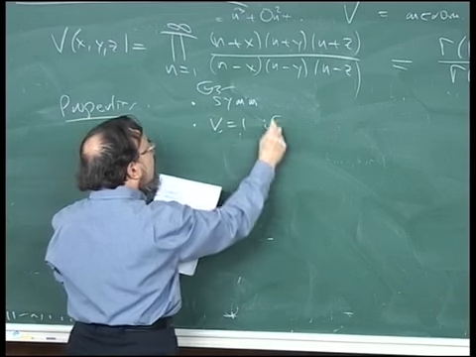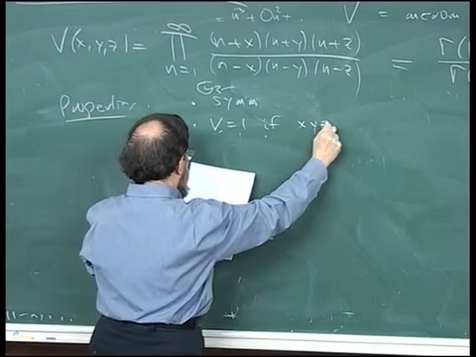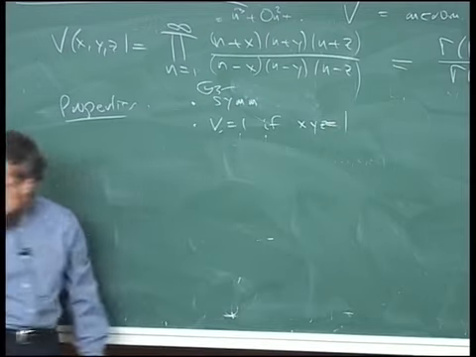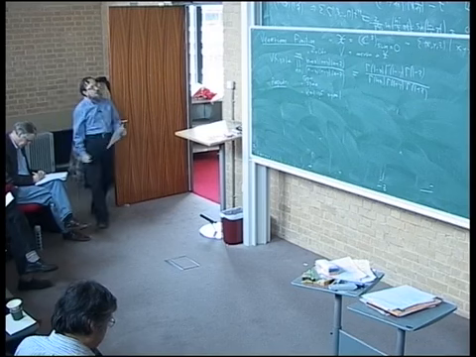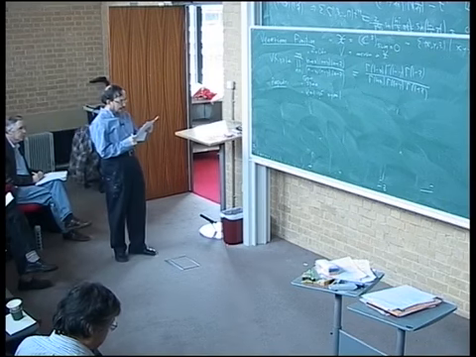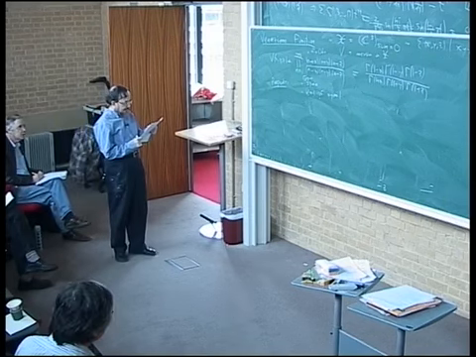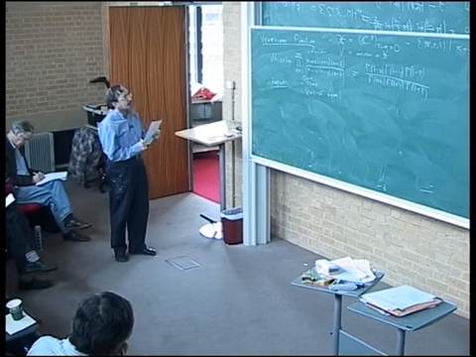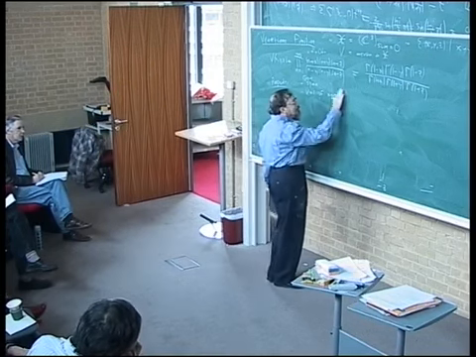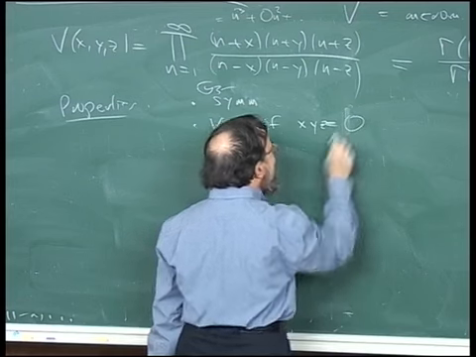V equals 1 if xyz equals 0. Let's check that. So I have three variables, their sum is 0. Let's assume that their product is 0. I don't believe what I just wrote, even though I copied it very carefully from what I typed, but it's got to be 0, I think.